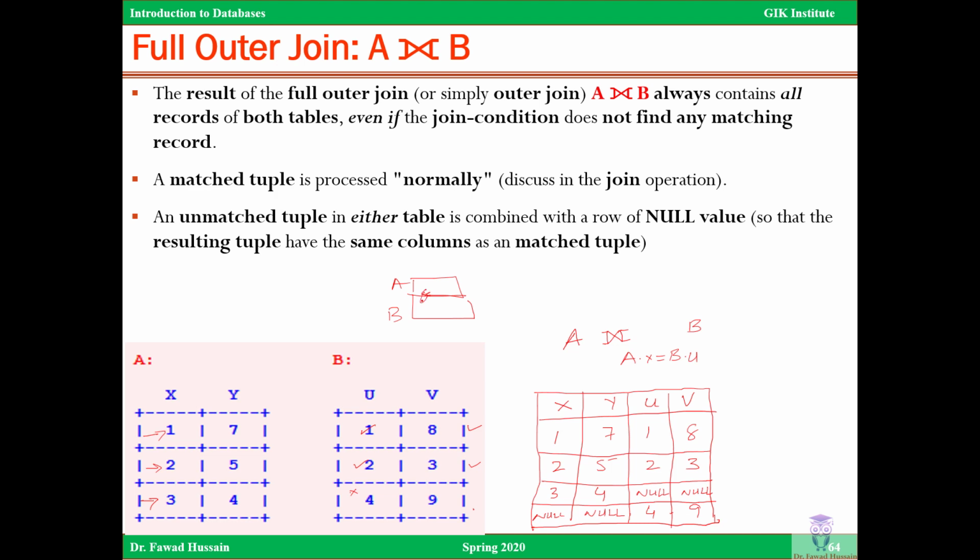There are going to be common rows between them. For instance, these two rows are common, so they are not repeated. They are only included once over here. So this is not just simply stacking A and B. It's a proper union operation between A and B, or it's the union operation between the left outer join and the right outer join. So technically that's the right way to put it.